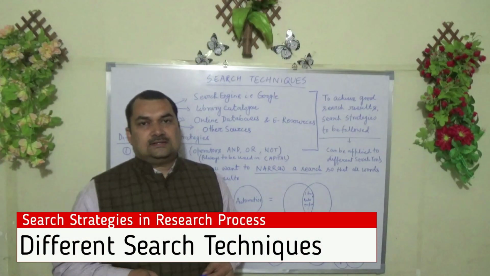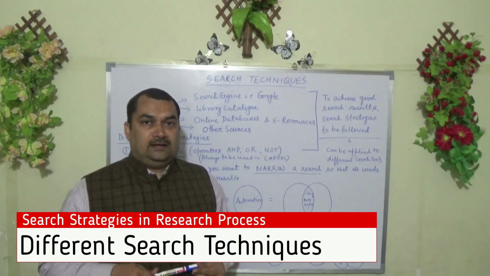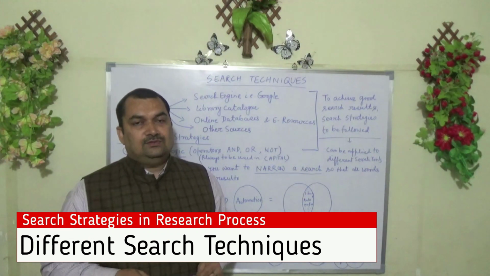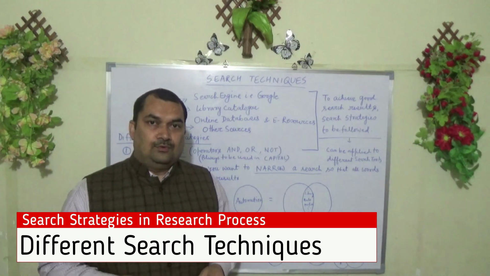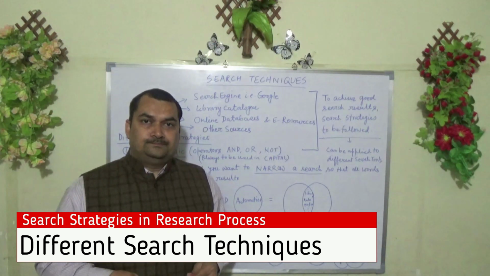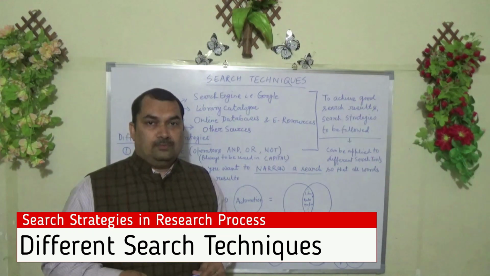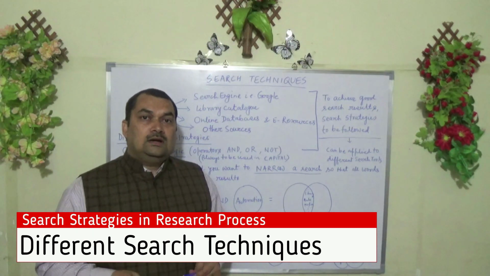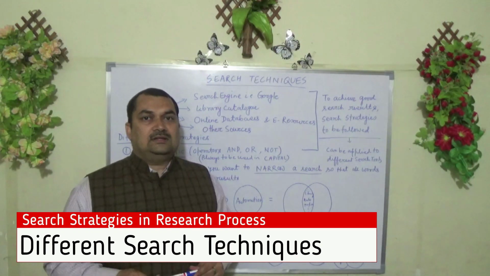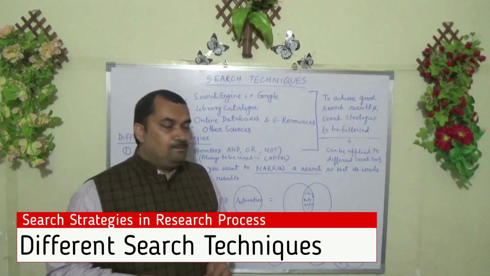Whenever we start a literature review, the first thing that comes to mind is how to start the search or what to search, because that is the most important part of a literature review. If I have chosen one topic, one idea, I need to get information suitable to my research work, or I have to search in such a way that with less effort I get the maximum information.